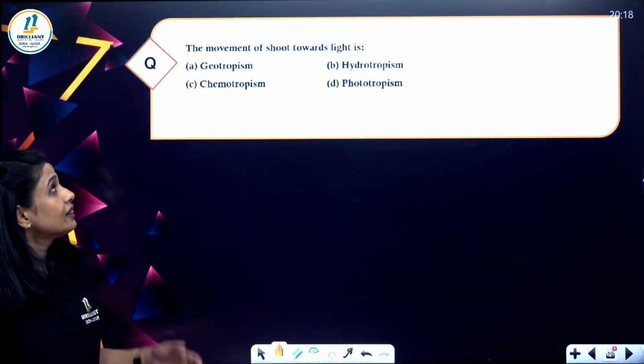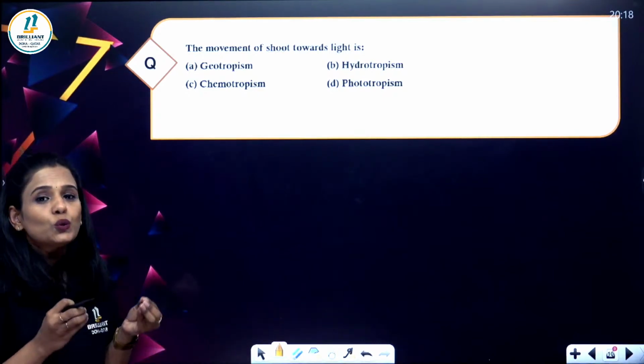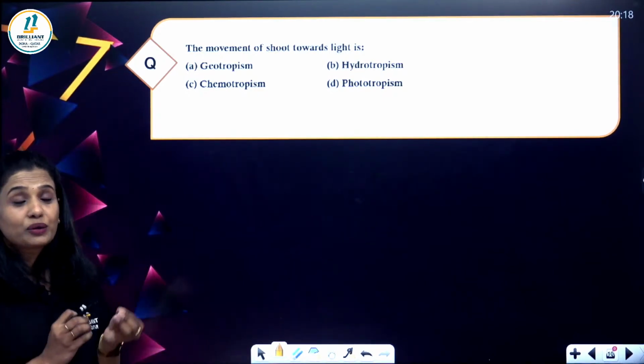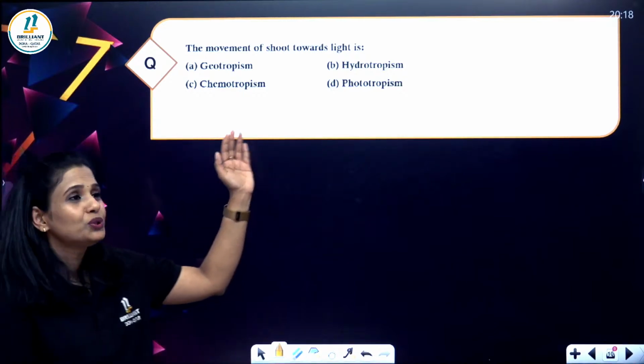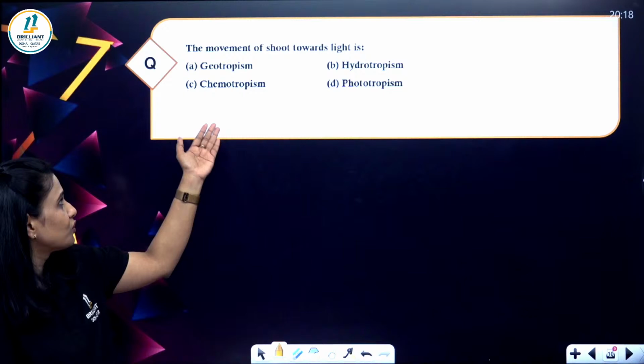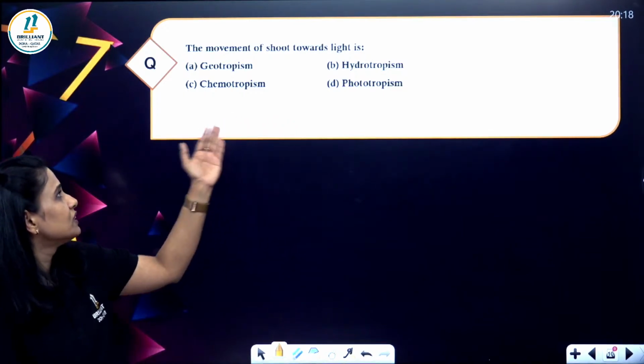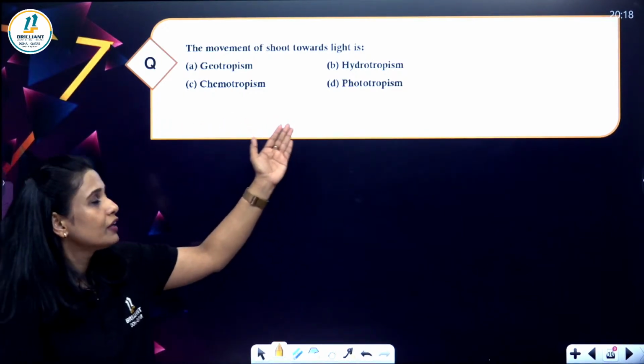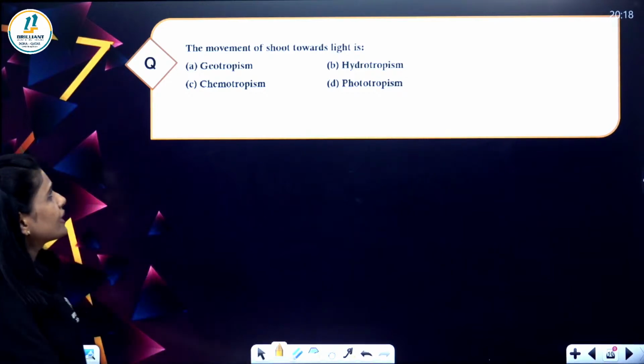The movement of shoot towards light. Another very easy question. Here are the options: geotropism, hydrotropism, chemotropism and phototropism. So what is geotropism?